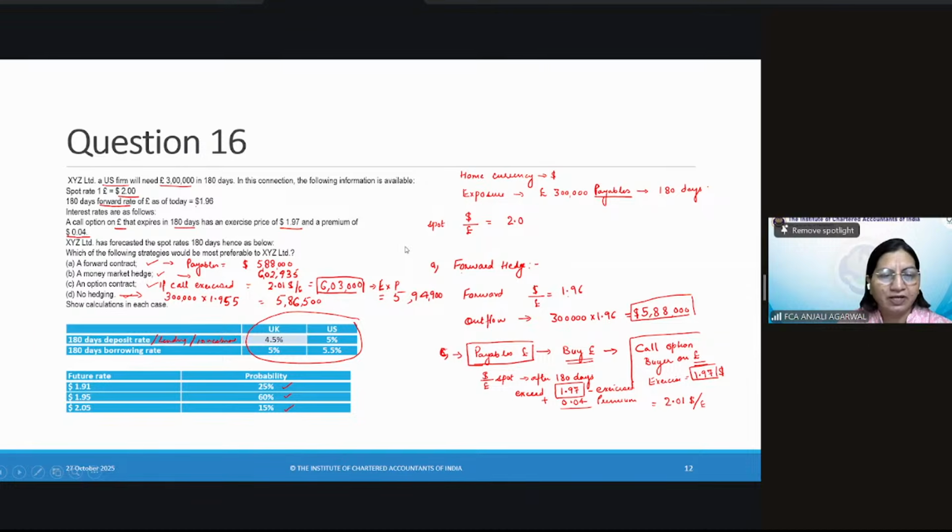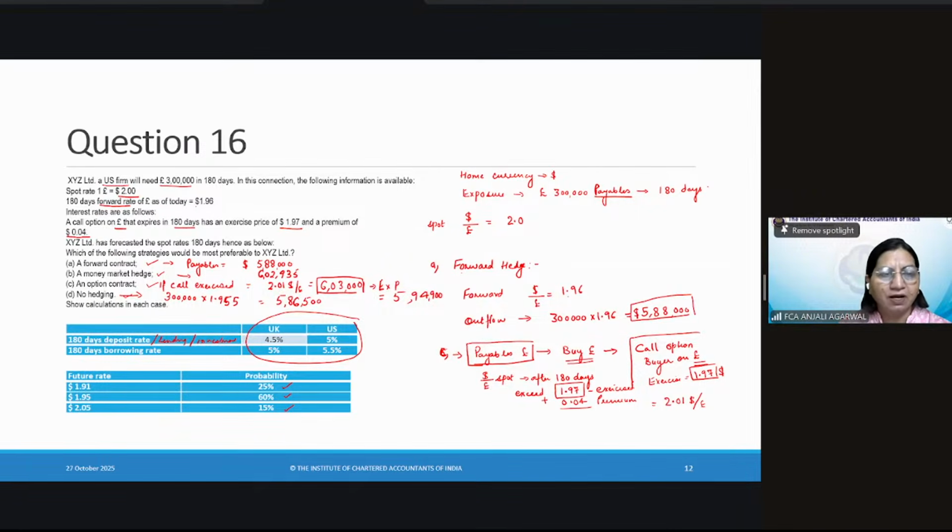So very importantly, I'll quickly recap. Your first step should be to take time to understand which country you are native to, which is your home country. You would want a final answer to be an outflow or inflow in that currency only, right? So a US person would like to see how much is the outflow because he needs pounds 300,000.